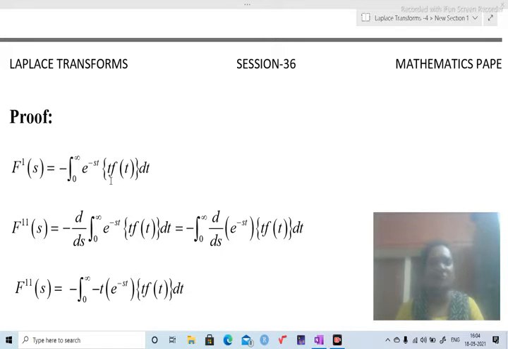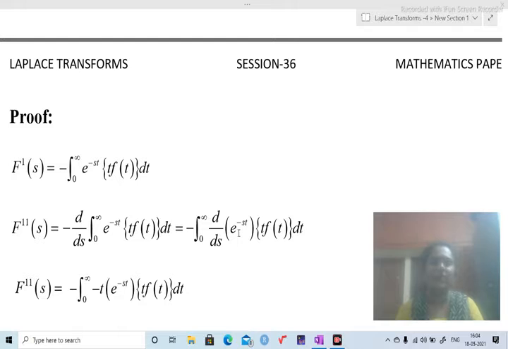Now I am going to differentiate again with respect to s on both sides. So f dash of s becomes f double dash of s, minus d by ds of integration 0 to infinity e power minus st t f of t dt. The differentiation goes into the integration, and I differentiate only the terms containing s.